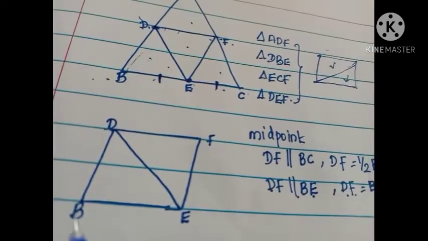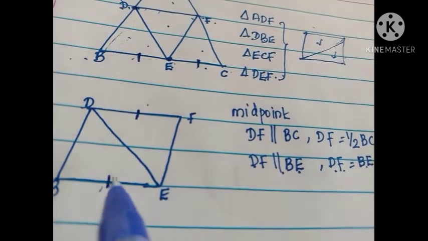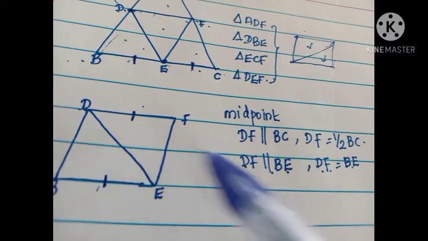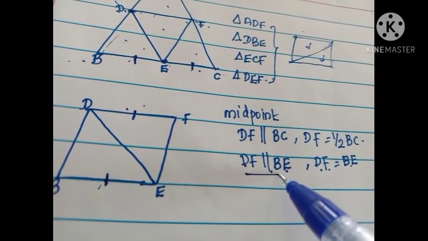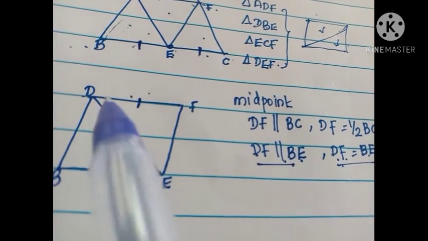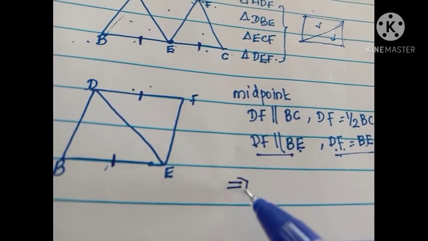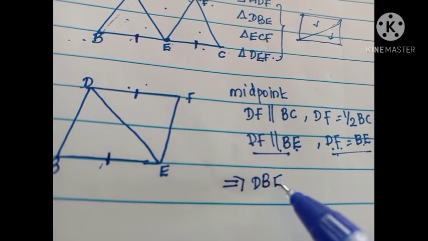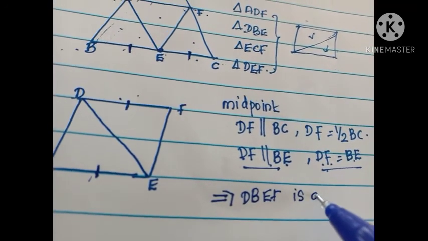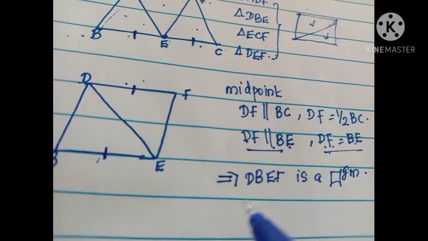Look at here, DF and BE. These two are opposite sides. So here we proved these opposite sides are parallel and equal. So in a quadrilateral, one pair of opposite sides equal and parallel implies DBEF is a parallelogram. Okay, DBEF is a parallelogram.